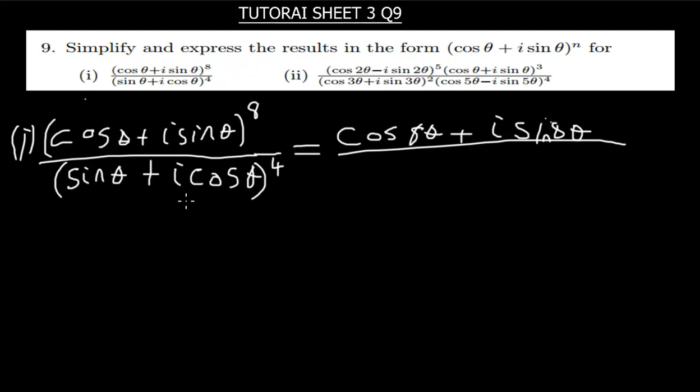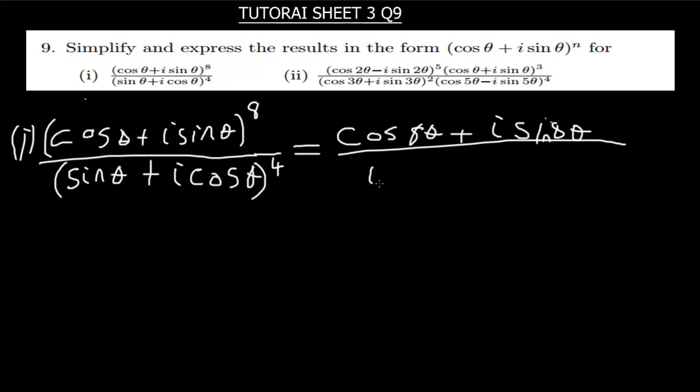So how do you work out the down part here? I'm going to write it the way it is, or let me just switch them.